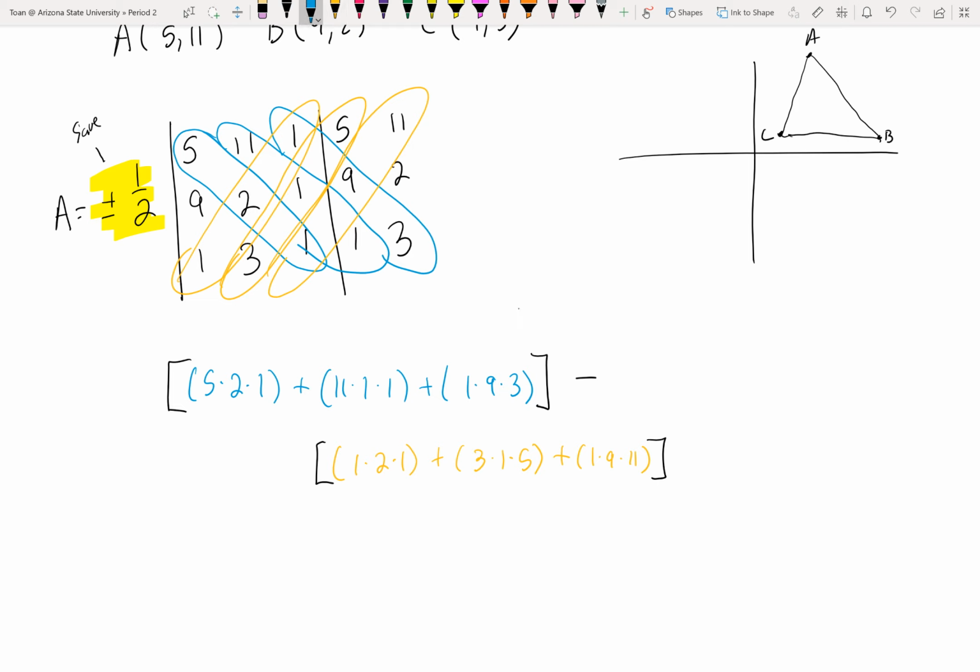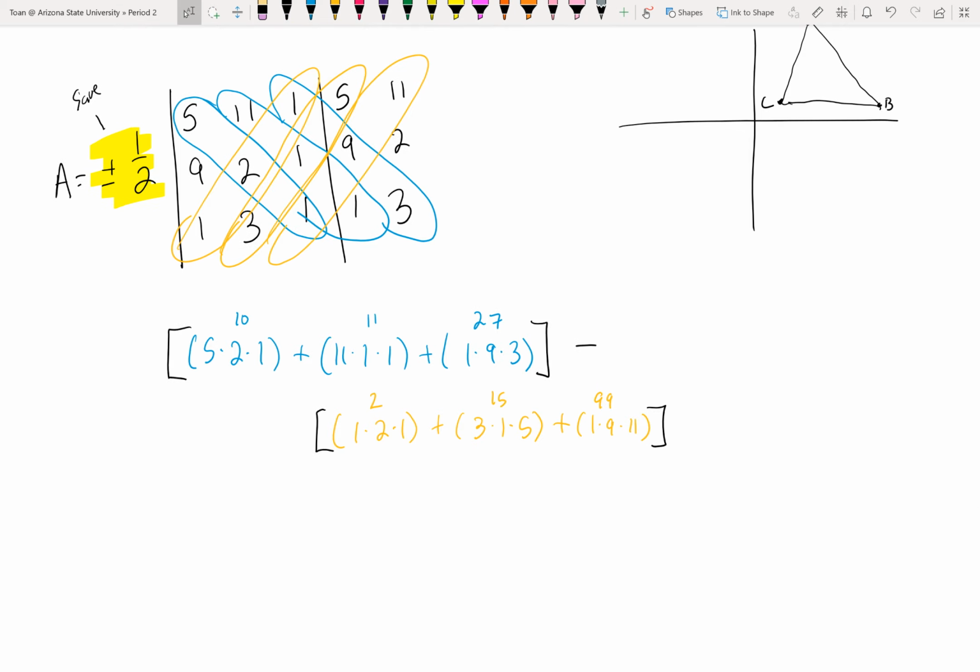And then that's it. That's the hardest part. Just compute math. So we have what? 10 here, 11, 27. We have 2, 15, 99. So we have 10 plus 11 is 21, plus 27 is 48, minus 2 plus 15 is 17, plus 99.